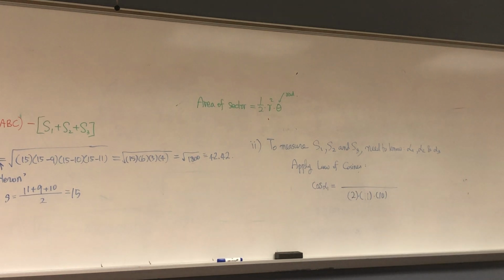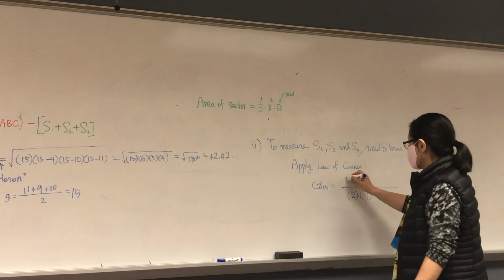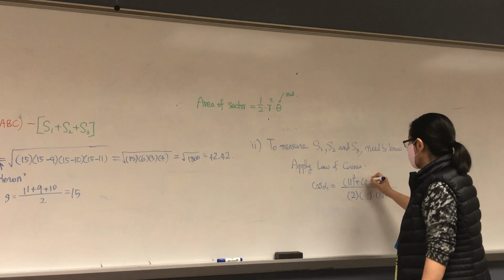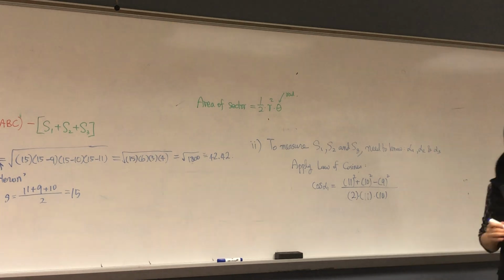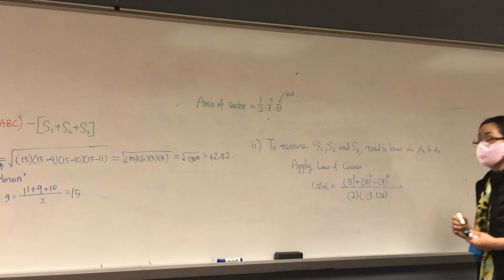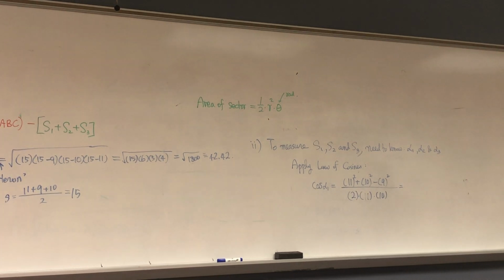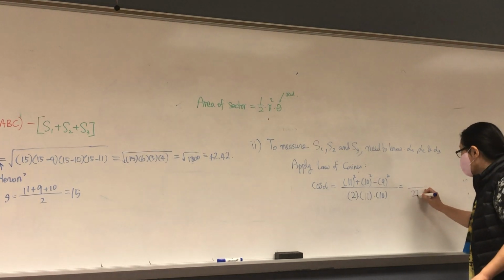Because we need to use the front length and subtract. So 11 squared plus 10 squared minus 9 squared. Compute it. It's 220 on the bottom. And the top is?